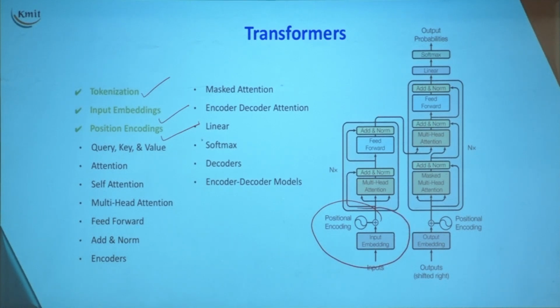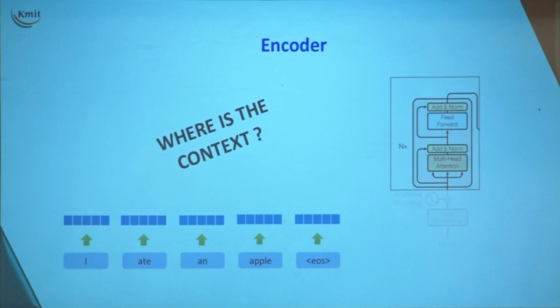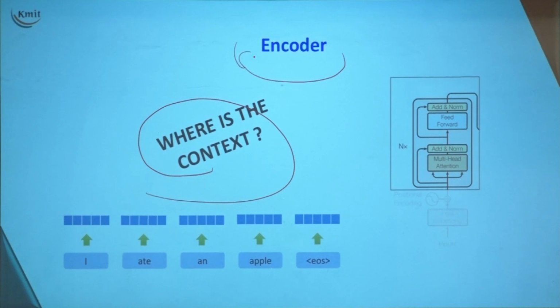So what is the next block? This block is called the encoder block. This block is called the decoder block. Now what is the need for the encoder block? I am processing the inputs, but I don't know what each input means. So to understand the context of the words in the input, we use the encoder block.